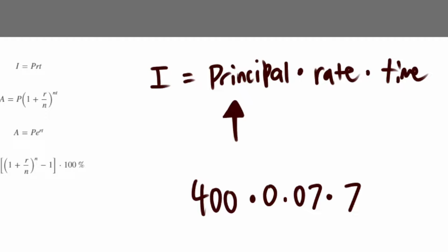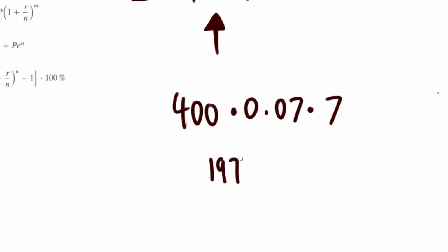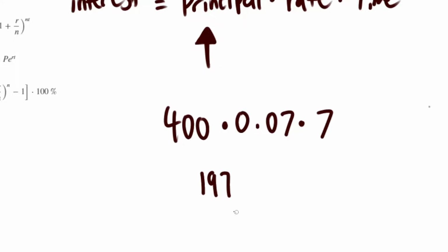So when you plug this into your calculator, you get 197. Now remember, our formula starts with I, so interest. At the end of 7 years, your account will have gained $197 in interest.